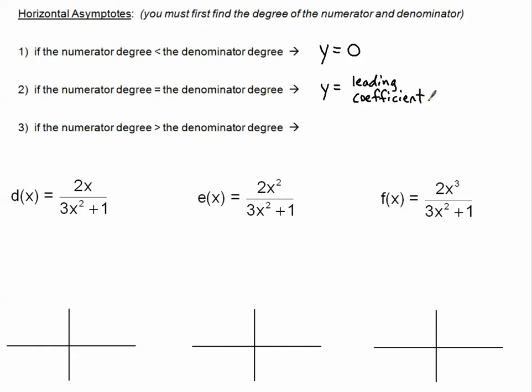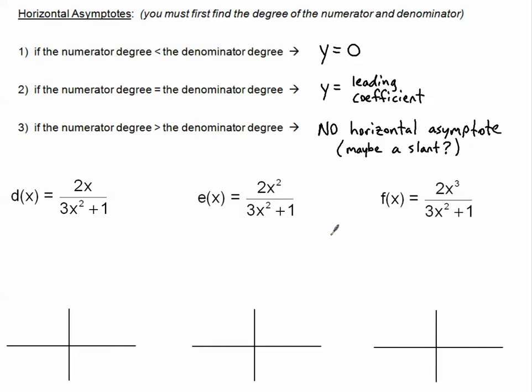And the final case, if the numerator happens to have a degree that's greater than the denominator, then there is no horizontal asymptote. But like we're going to see in our next tutorial, maybe in this case, there's a slant asymptote. We'll talk about that in the next tutorial.